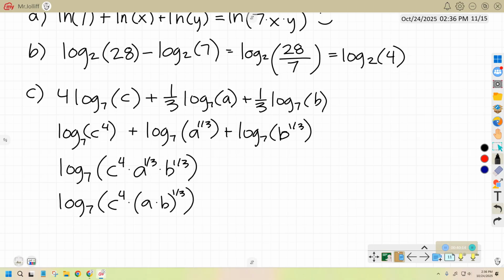Am I allowed to do that? I see some nodding, yeah. That was the power of a product rule. We're undoing that distribution of the exponent, yeah.